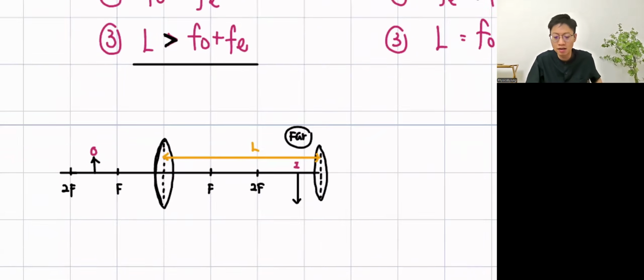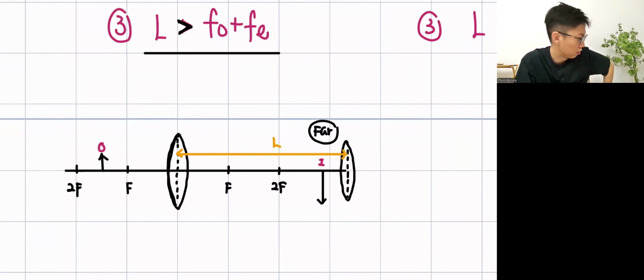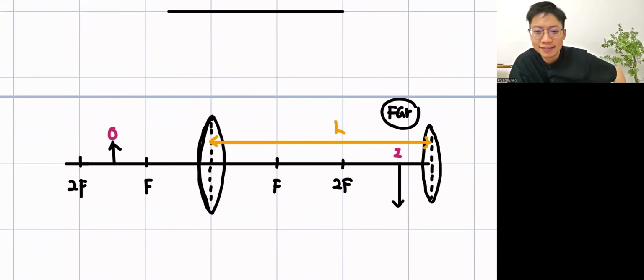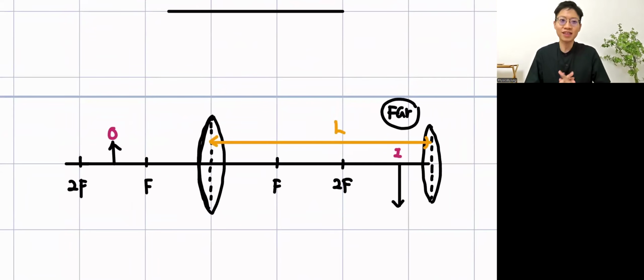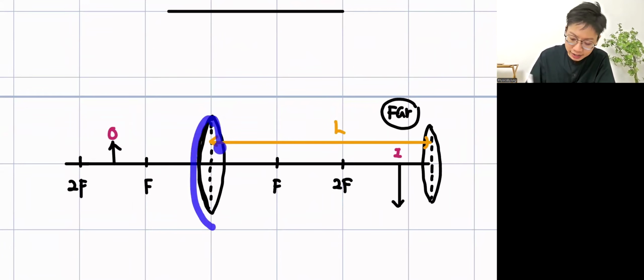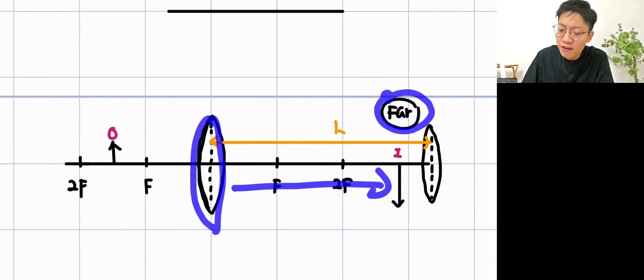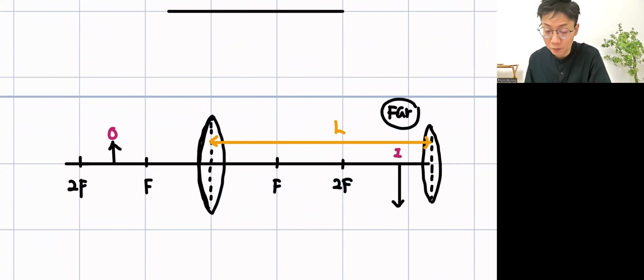Can I explain one more time? Okay, see. My object, after passing through my objective lens, will form the image very far away. Correct?